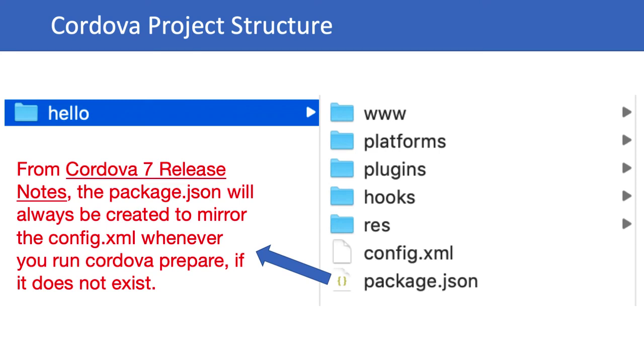If you delete package.json and run cordova prepare, it will be auto-generated, and it copies a few things from config.xml. It will always take preference, but only for the things defined in it, like plugins and platforms, and other config options from config.xml will still be used.